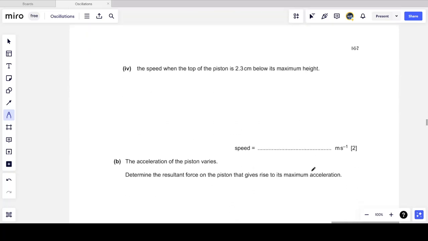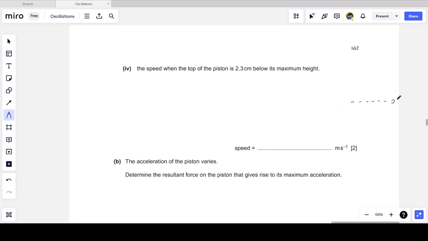Next, we get a bit of a tricky question. They say, what is the speed when the top of the piston is 2.3 centimeters below its maximum height? Okay, so I'm just going to draw a rough sketch here.